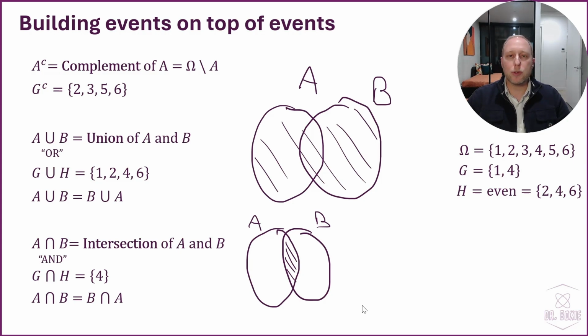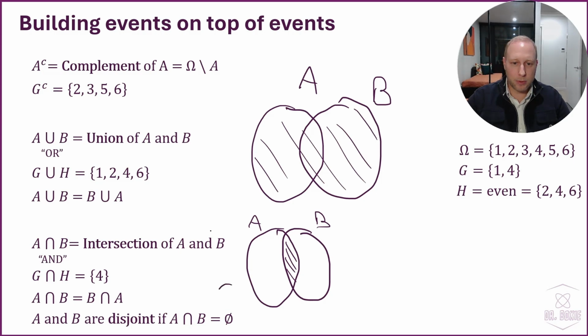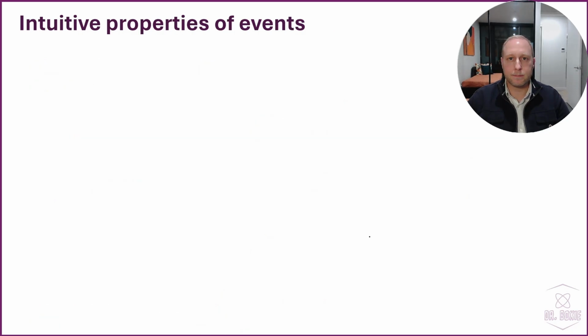We also introduced the notion of disjoint events, and they are known as disjoint when they don't have anything in common, meaning that the intersection of those two events is the empty set, and the empty set is denoted by this symbol here. So two events are said to be disjoint if they do not have anything in common.